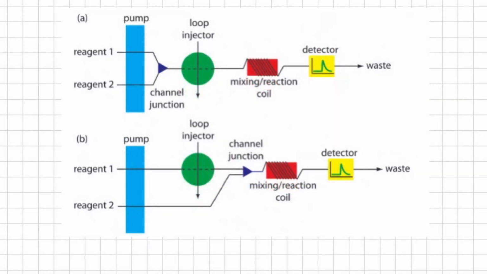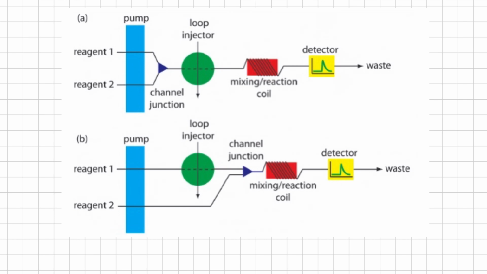For the second type of dual channel manifold, we can also use this arrangement, and in this arrangement we commonly add a second reagent after injecting the sample into the carrier stream. This style of manifold is used for quantitative analysis of many analytes, including the determination of wastewater's chemical oxygen demand.